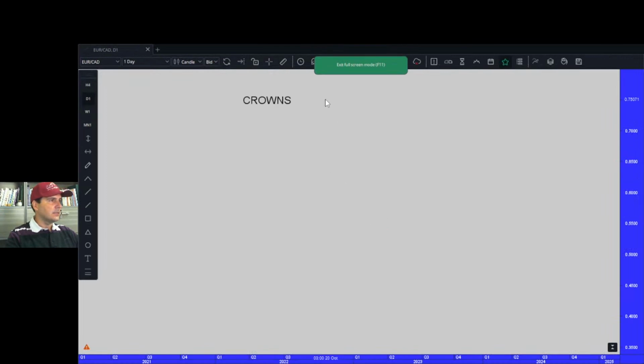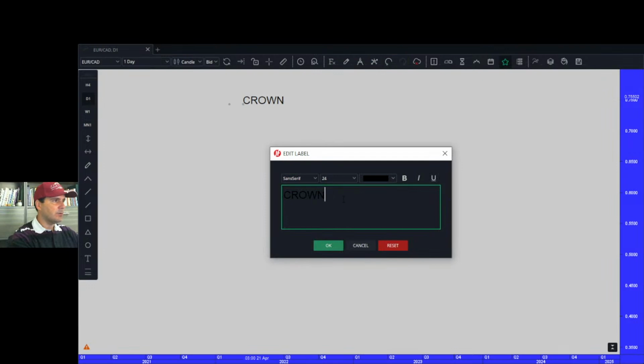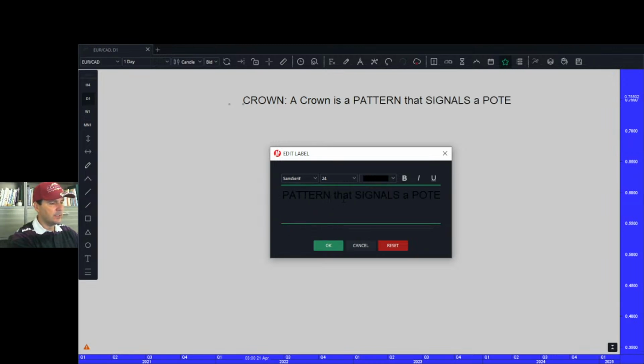Okay, what is a crown? A crown is a pattern that signals a potential reversal. Why potential? Because there are no absolutes, everybody.